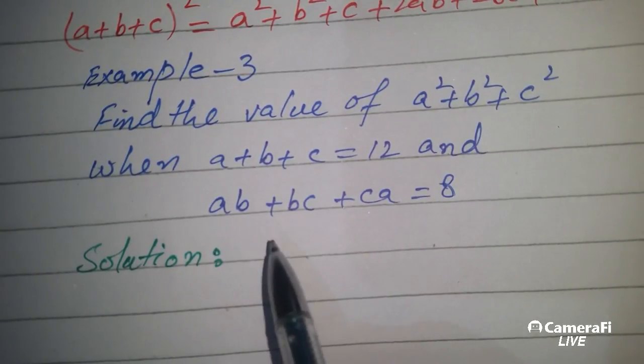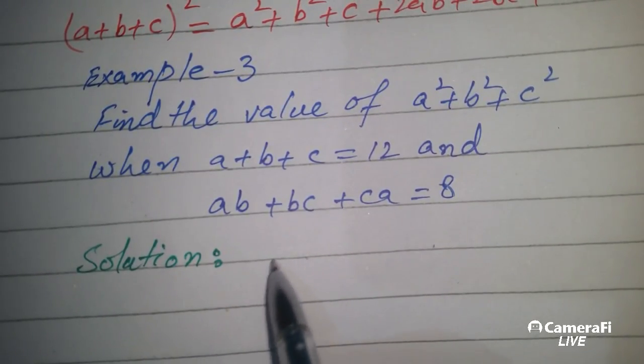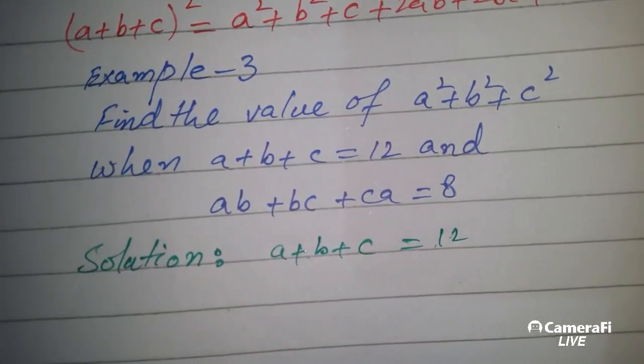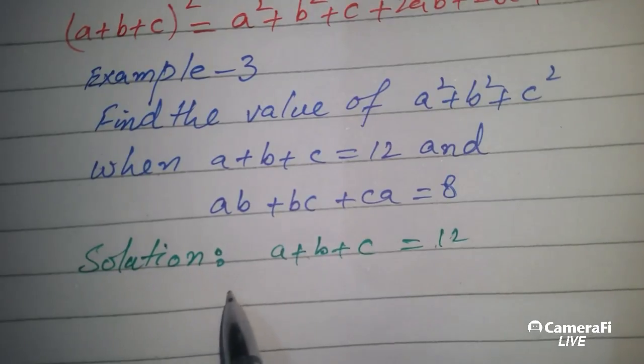We have here a plus b plus c equals 12, squaring both sides.